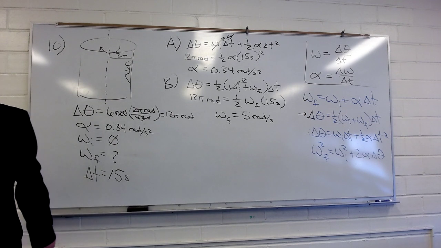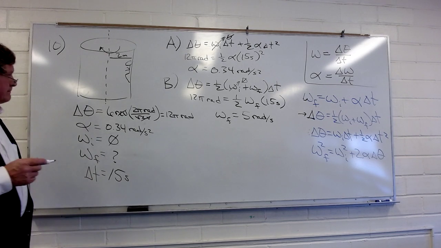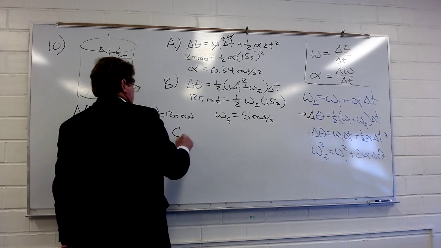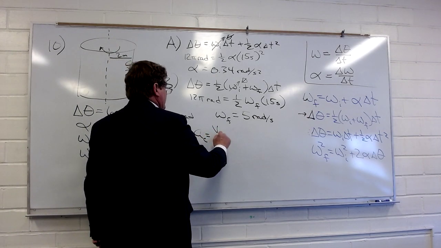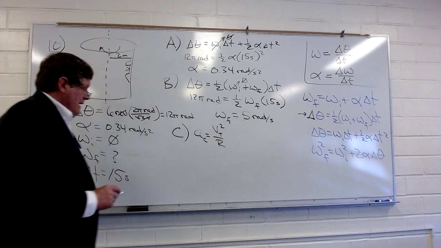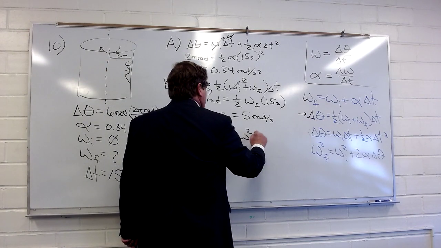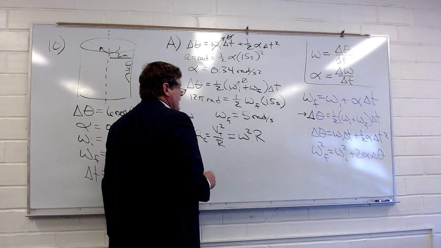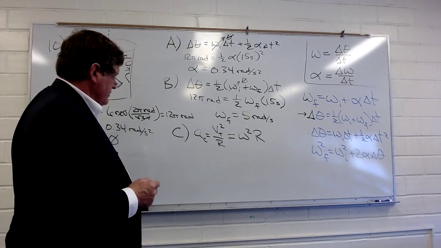Okay, now part C. Find the magnitude of Billy's centripetal acceleration after the 15 seconds. So we know that centripetal acceleration is equal to v tangential squared over r. In class, we found that we could also write this as omega squared r. And we're using the rolling without slipping condition there.